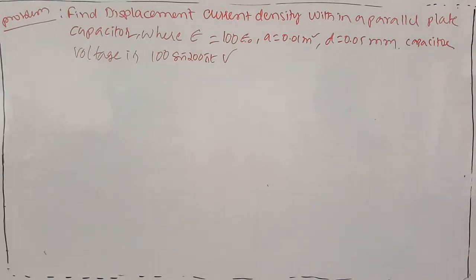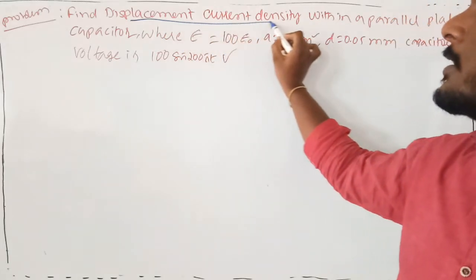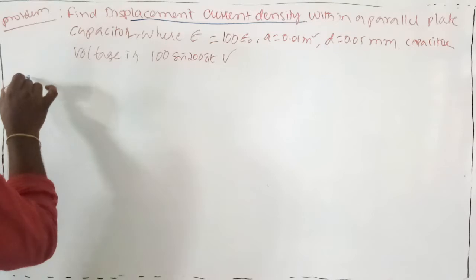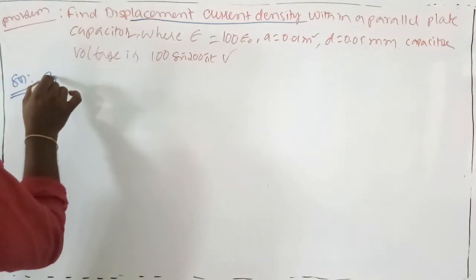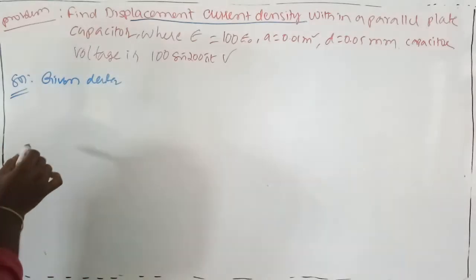So see, what is the question here? The question is to calculate the displacement current density. So for the solution, you have to first write the given data. What is the given data?